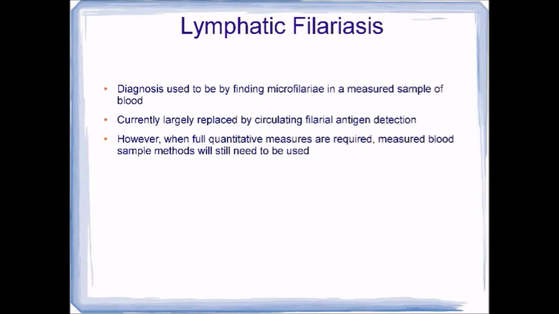These laborious methods have now largely been replaced by circulating filarial antigen detection, either based on ELISA or an immunochromatographic ICT card. However, the card test only diagnoses positive or negative, while the ELISA is semi-quantitative, so where full quantitative measures are required, measured blood sample methods will still need to be used.